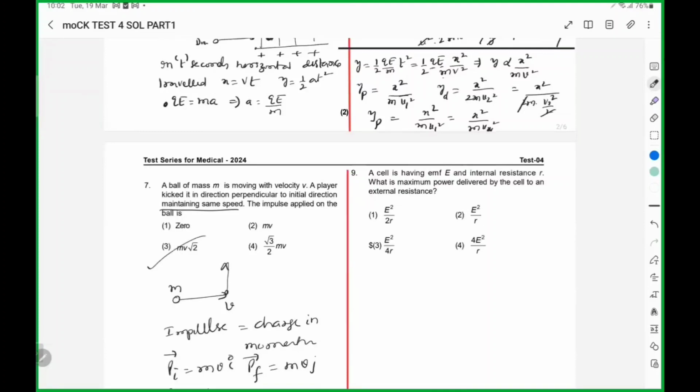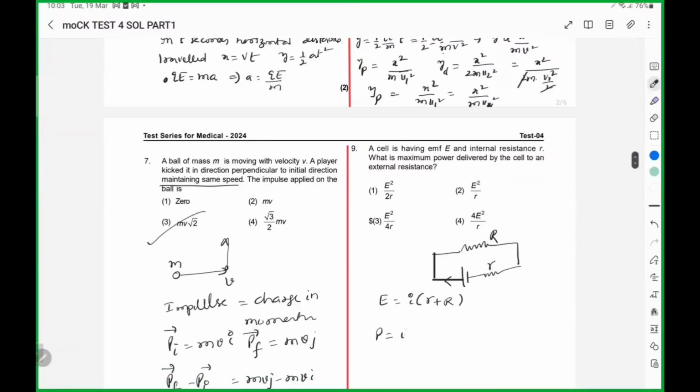A cell having EMF E and internal resistance r is connected to an external resistance capital R. So here current is E by R plus r.